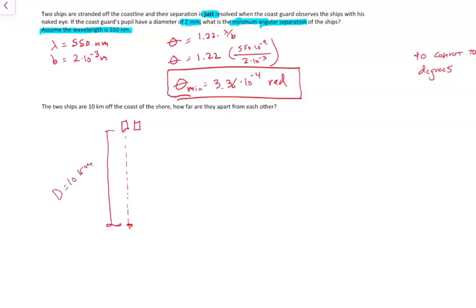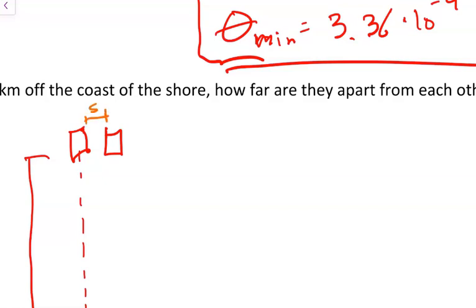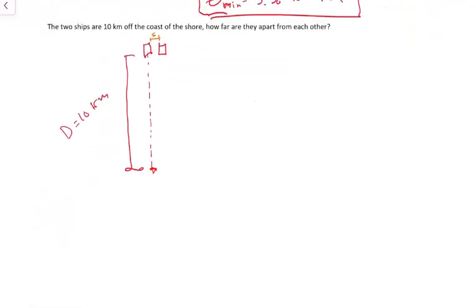And what is their s? Well, because of the small angle approximation, if I were to draw this as a right triangle, where this is my angle, then I could see that the tangent is equal to s over d. But since it's the small angle approximation, we can say theta is equal to s over d.